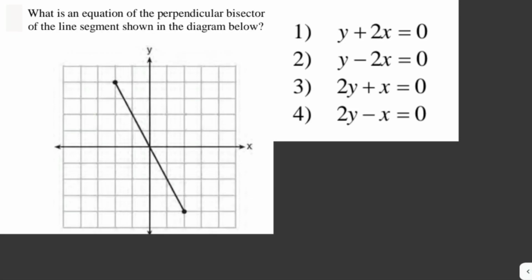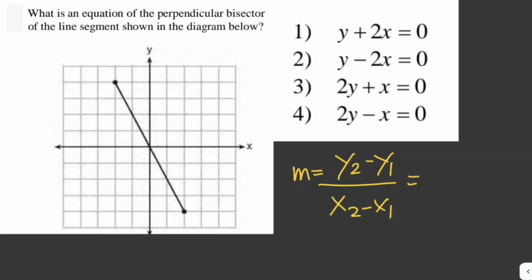So let's solve for the slope of this line first, so we can write the equation of the perpendicular bisector. We can use the slope formula: y sub 2 minus y sub 1 over x sub 2 minus x sub 1.